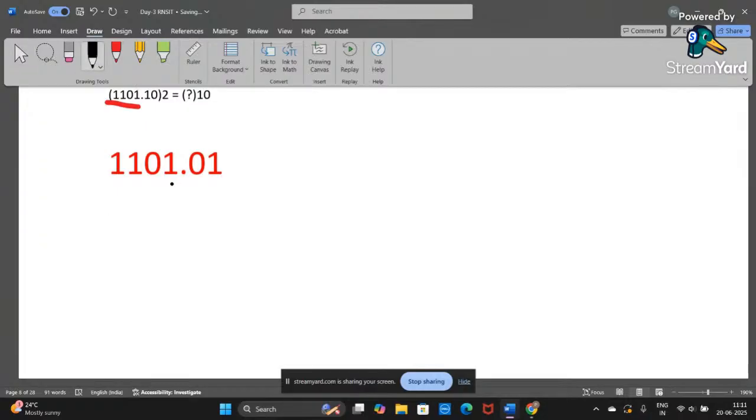So let us take for this first. First let us take the left side numbers from the decimal point. The first number is 1. So 1 into 2 power 0, the place value, plus the next is 0, right?